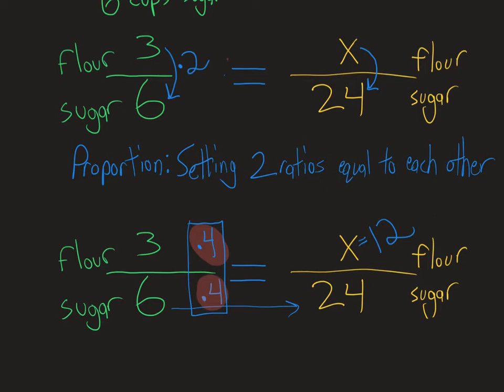So if I can multiply by 2 there, I can do the same on this side. And so now the question is, what times 2 equals 24? Oh, 12 times 2 equals 24. And there's my second way that I can solve, okay?